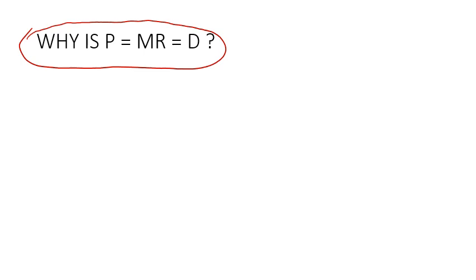I refer you back to the beta assignment, and in the beta assignment, and if you didn't do it right, the corrections, you notice that P equals marginal revenue. The price equals marginal revenue.